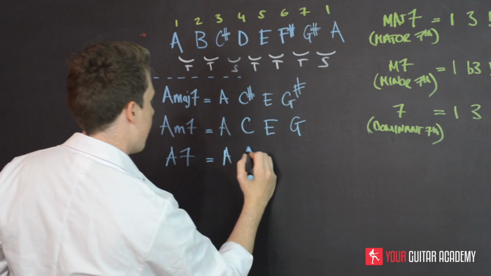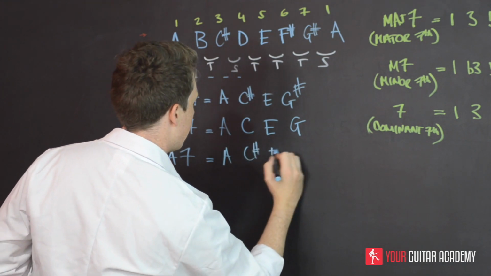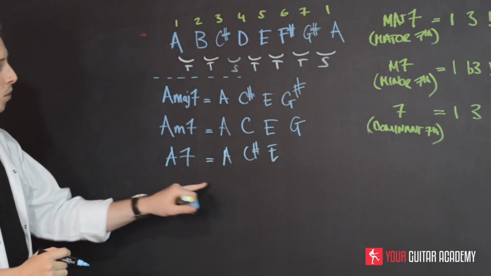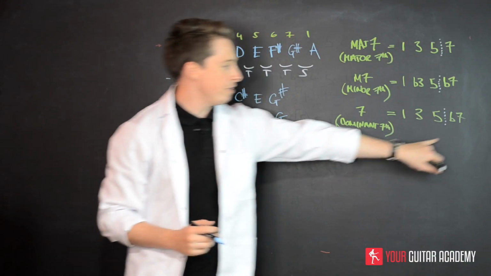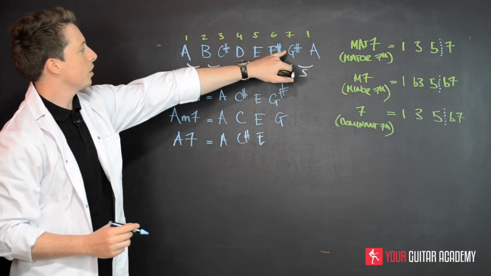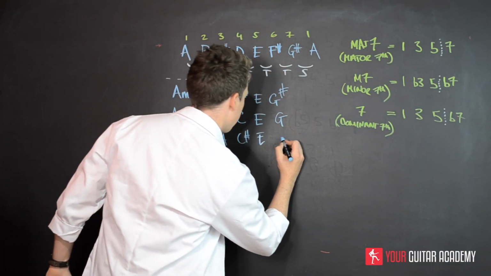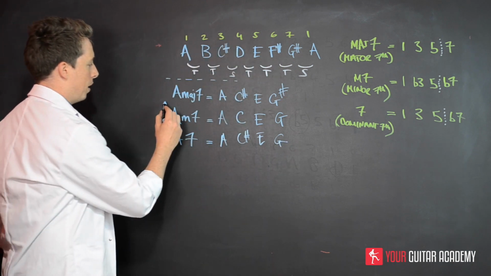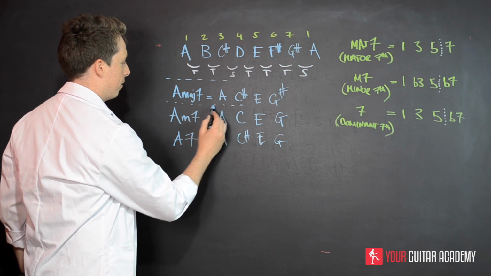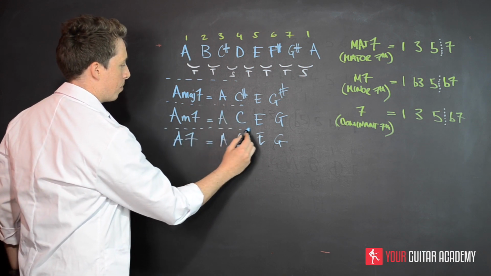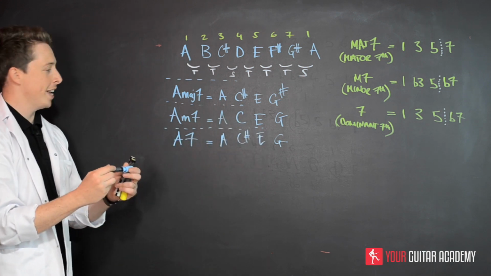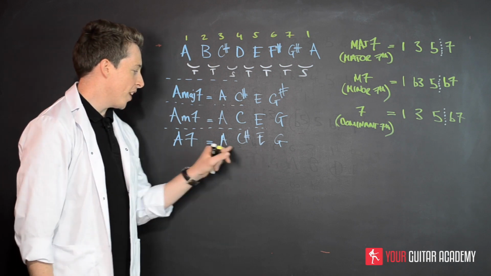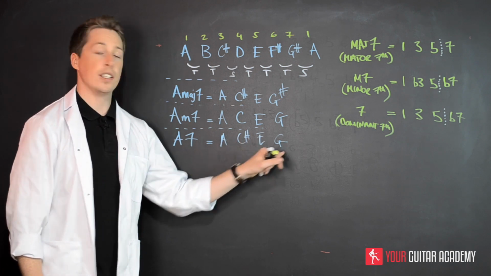So let's just pop that in there, A, C sharp, and E. Now, what's the 7th? It's a flattened 7th, so it's going to be a G instead of a G sharp. Okay, so G. Okay, so let's just put a little line in between these so we can see them clearly separately, hopefully. Now, there we have it. We've got an A, a C sharp, an E, and a G.